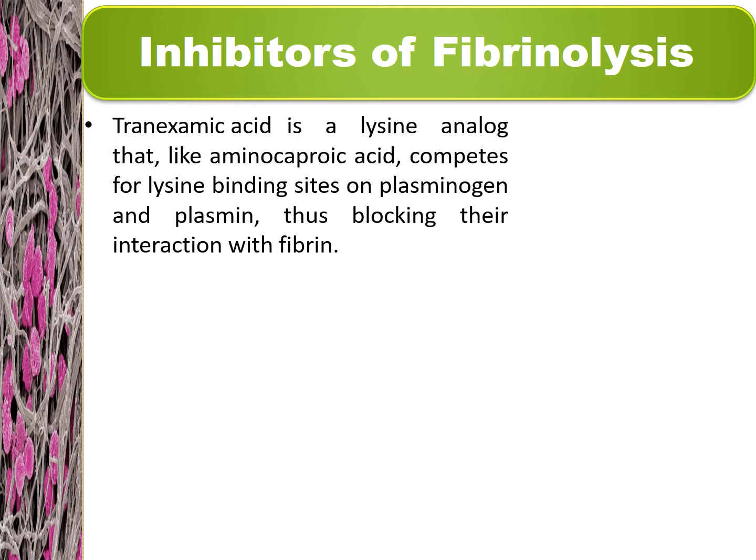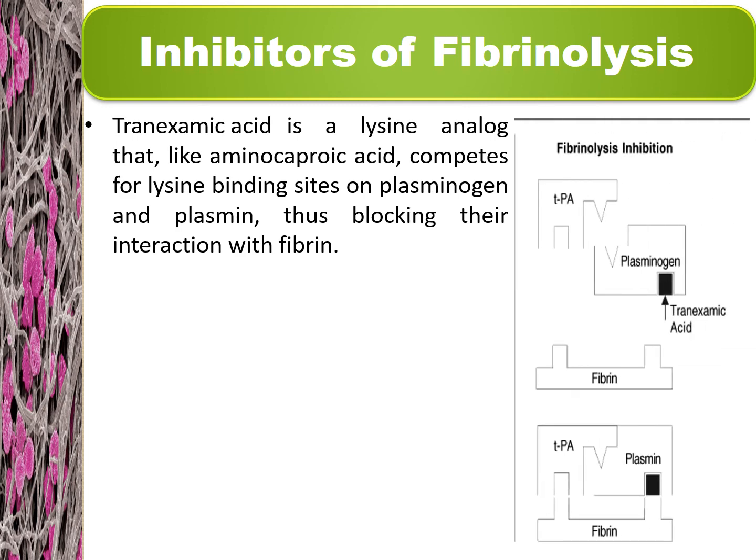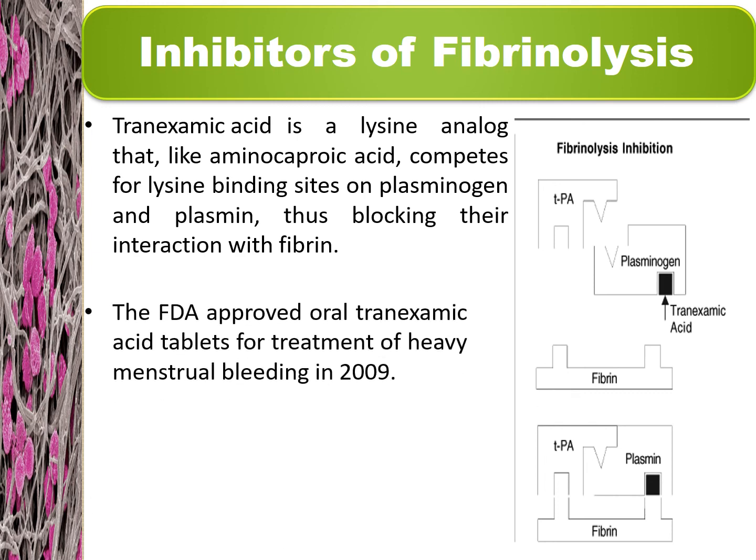that, like aminocaproic acid, competes for the lysine binding site on plasminogen and plasmin, thus blocking their interaction with fibrin. The mechanism can be understood with this simple diagram, which shows the blocking of their interaction with fibrin.